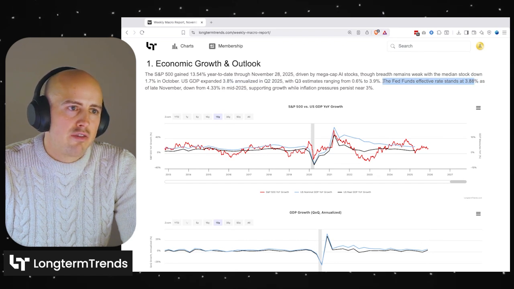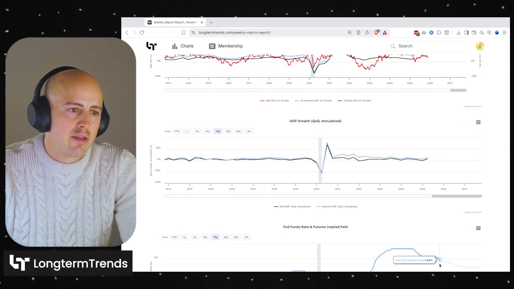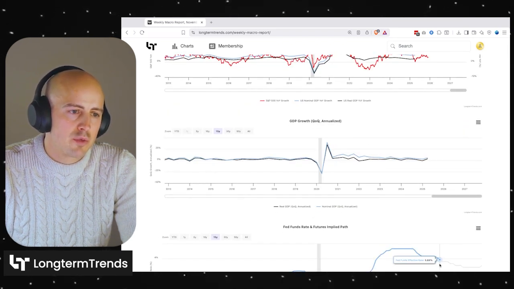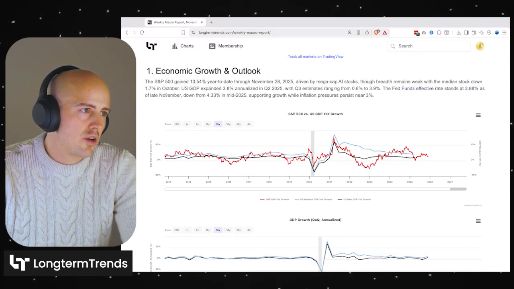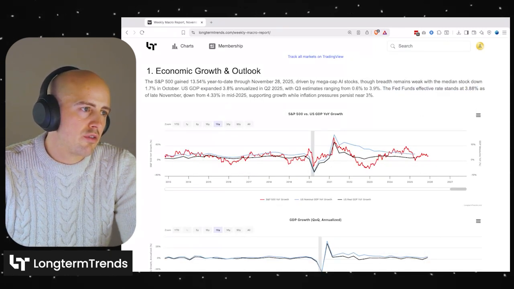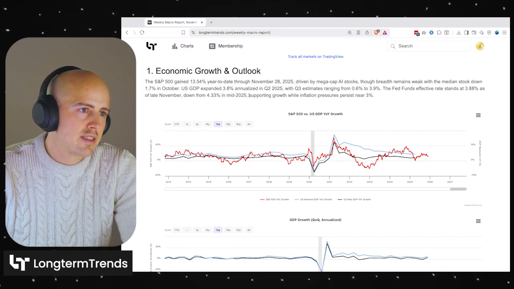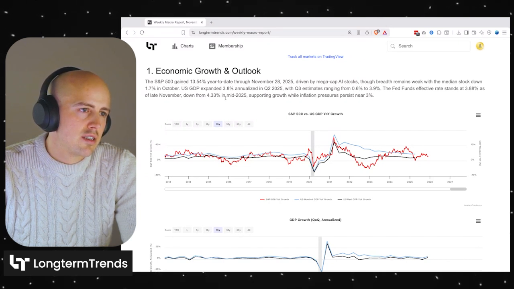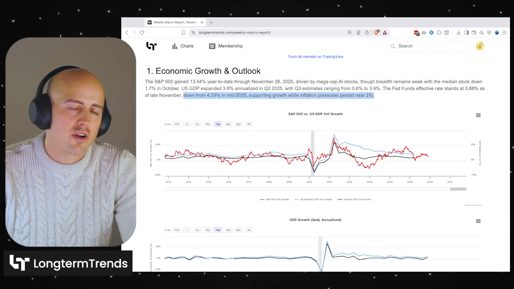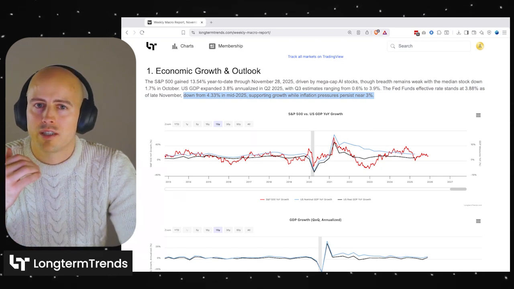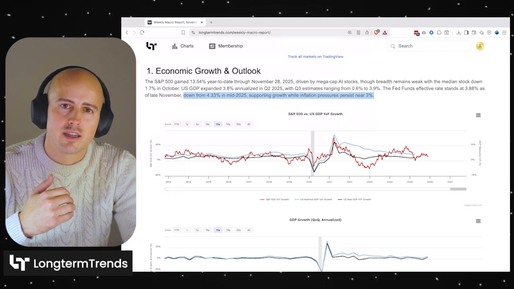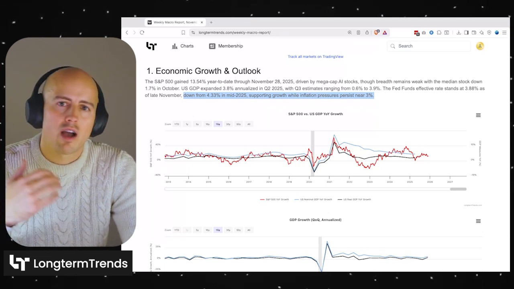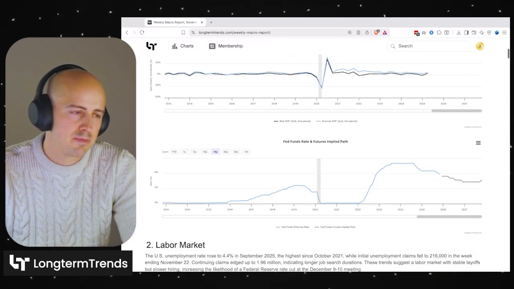And then the Fed funds rate, it stands at 3.88%, which we can verify in this chart here, and it's down from 4.33%. And often here it also talks about futures and what the Fed might do next in their meeting, like how they might adjust the Fed funds rate.